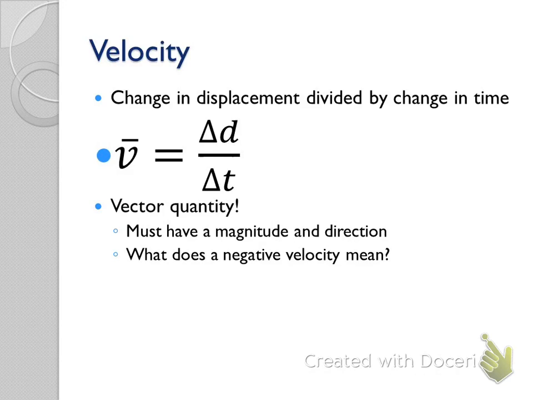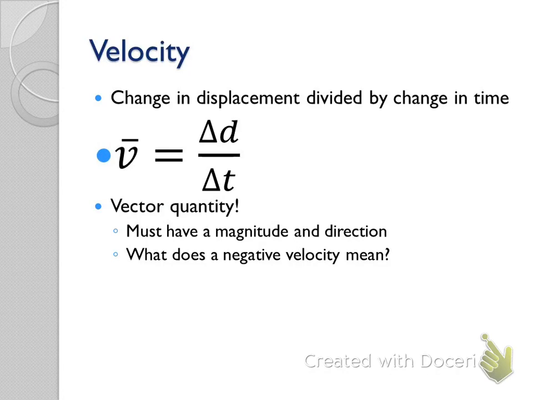Okay, so knowing what we know about direction, what do you think a negative velocity is? Is it time divided by displacement? No, it just means it's going backwards. So negative velocity usually indicates that we're going south or west. Okay?